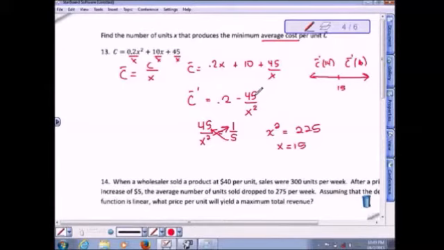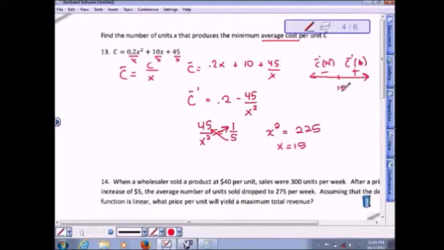If we plugged in 14, squared, 45 over 196, if you take that from 0.2, that's going to result in a negative value. C bar prime of 16 would result in a positive value. So it means the graph is decreasing on that interval, but now it's increasing on that interval, so indeed, this relative extreme here is a minimum.